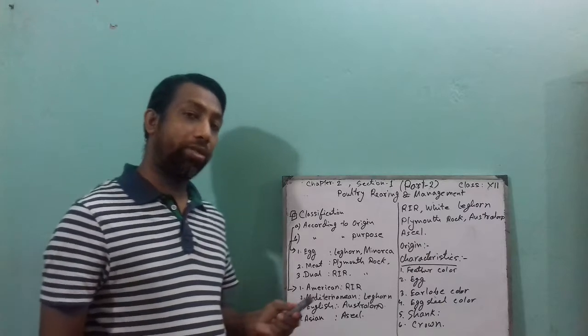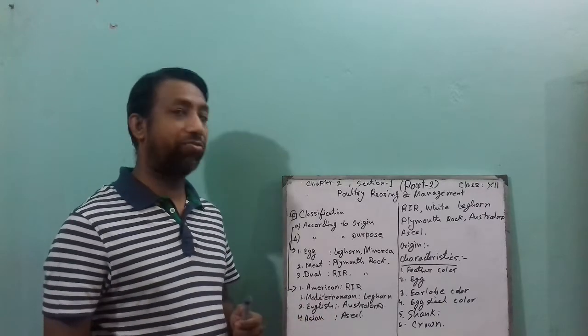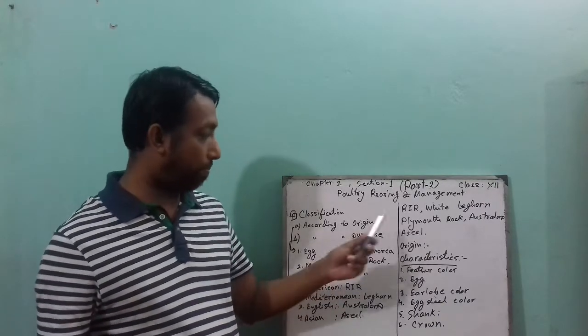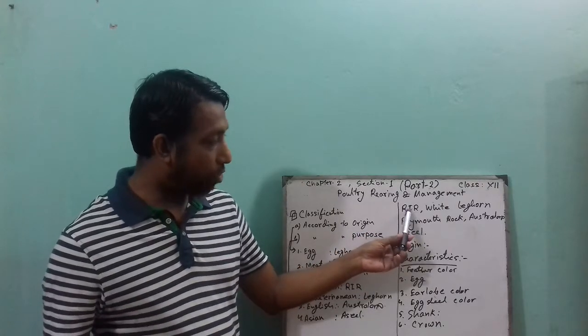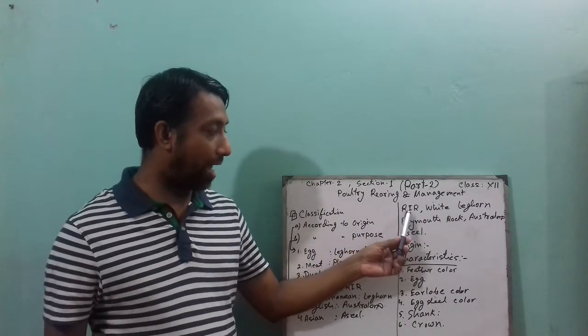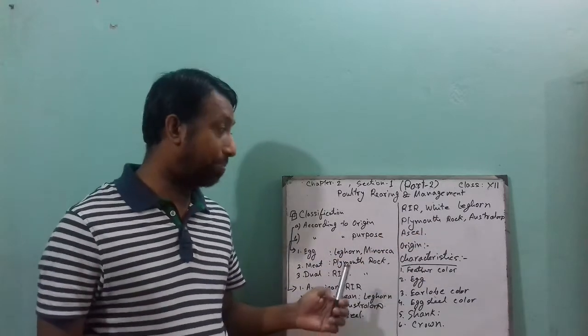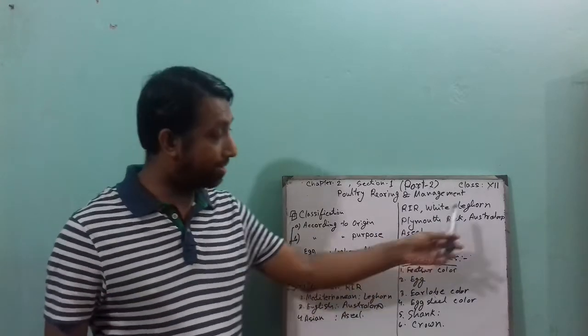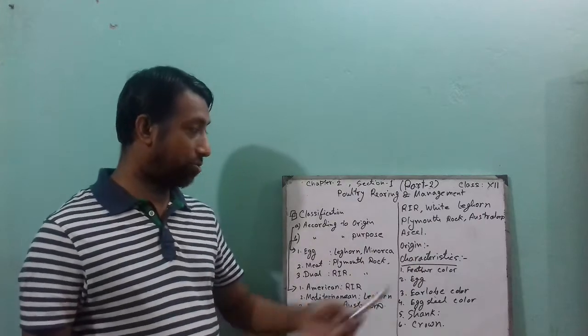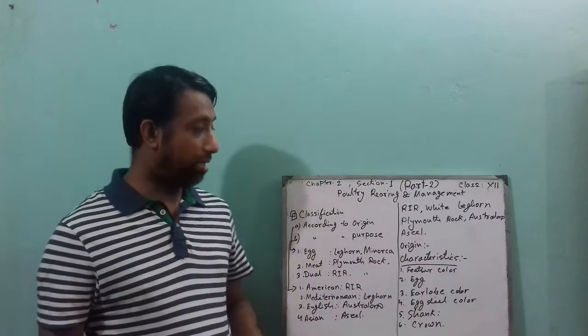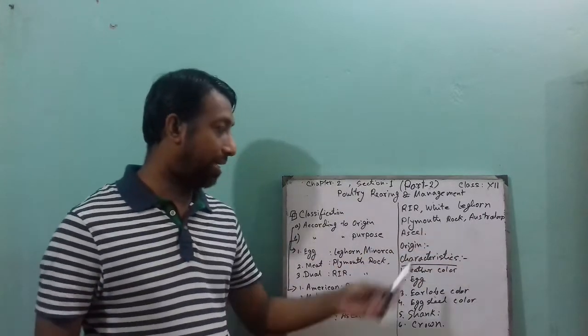Now move to the individual classification of these breeds. First one is Rhode Island Red, we can write RIR. Next one is White Leghorn, sometimes just called Leghorn. Next is Plymouth Rock, then Australorp, then Asil.